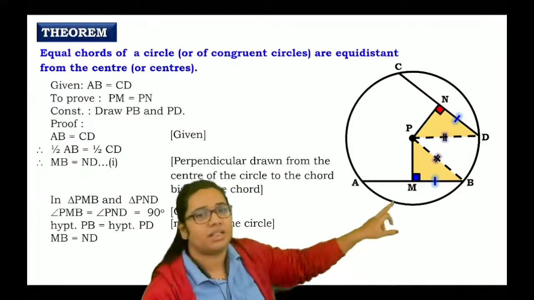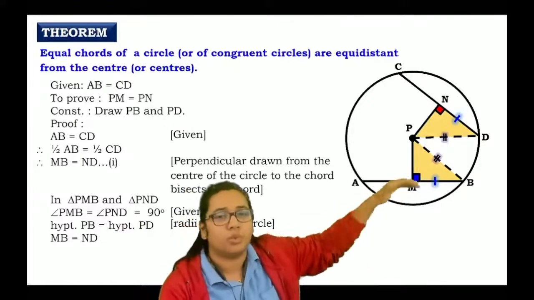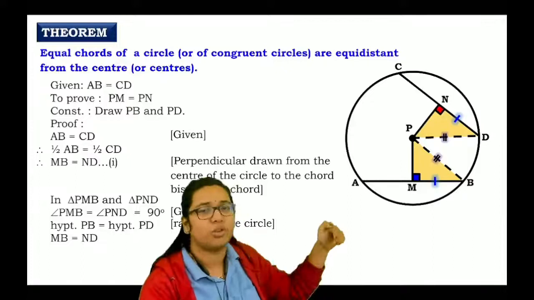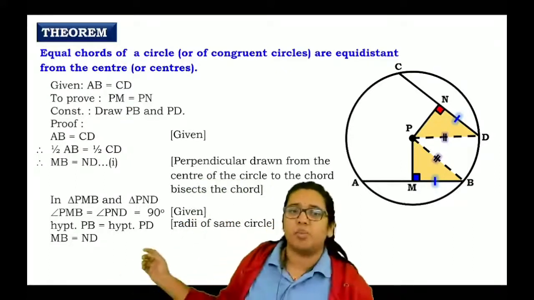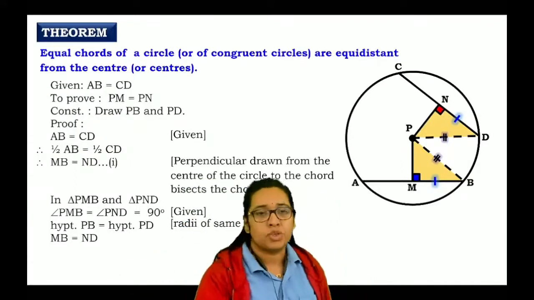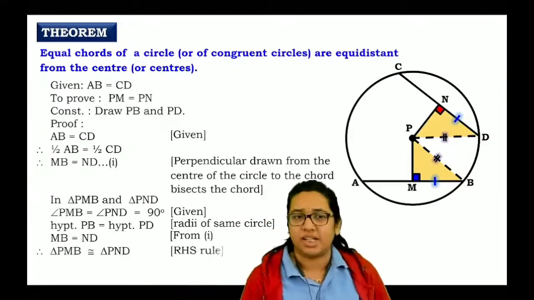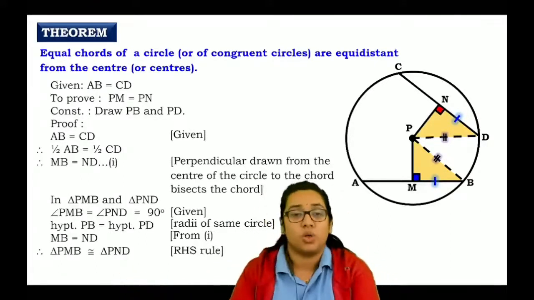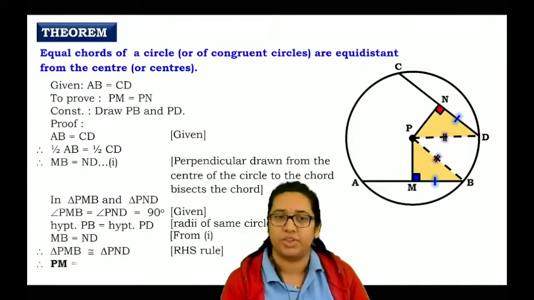Second, the 90-degree angles, and the hypotenuses opposite them are equal, the reason being radii of the same circle. So using the RHS criterion, we can say that triangle PMB is congruent to triangle PND, right?